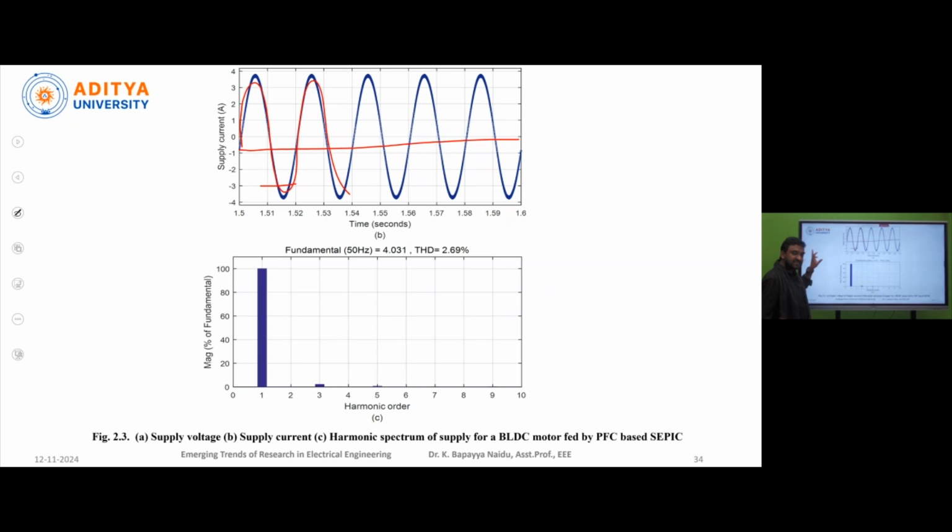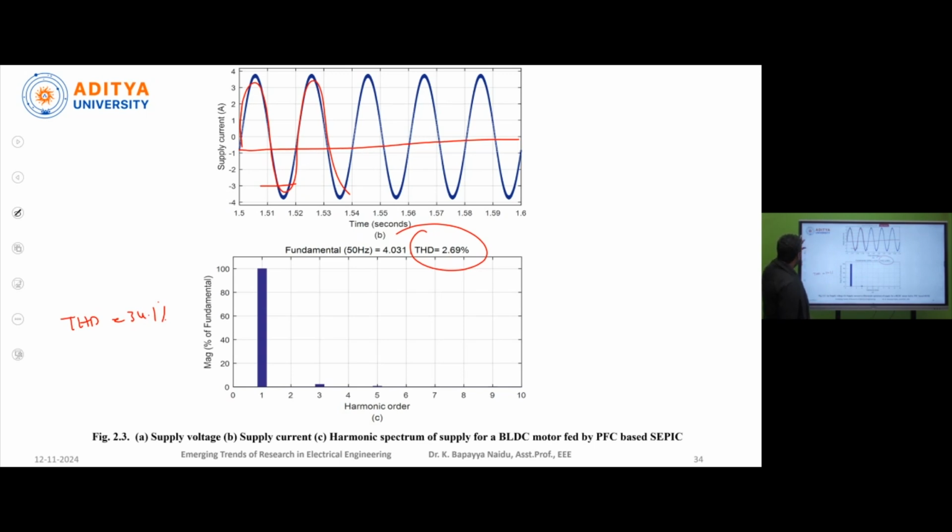Okay, previously THD is approximately 34.1% in conventional control. But in this power factor corrected SEPIC converter, we got the THD 2.69%. Why? Because this shape of the supply current is almost nearer to the sinusoidal.